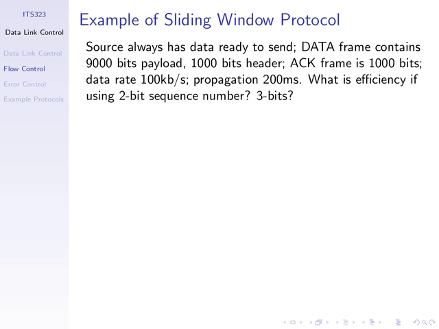So in the first case, 2-bit sequence number, the maximum number of frames that I can transmit before I have to wait for an ACK is 3. The size of the buffer at the receiver is 3. The receiver can store 3 frames in the buffer, and then the buffer is full and it will not allow the source to send. That's a challenge for you to solve as a quiz or an exam question.